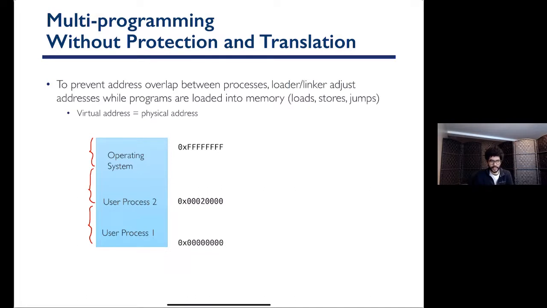Now, in early systems, again, there was no notion of virtual memory. There was no notion of mapping between virtual memory and physical memory. So although we were mapping each process to different regions of the memory, they had access to everything. This is very similar to your labs right now, because whenever your programs ask for memory, they're given access to the entire physical memory.